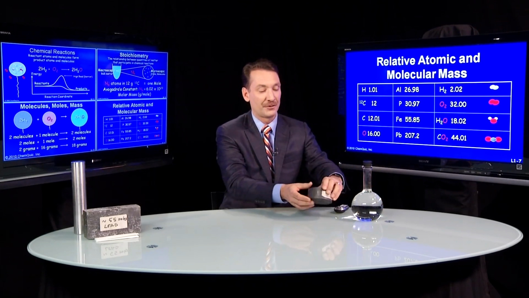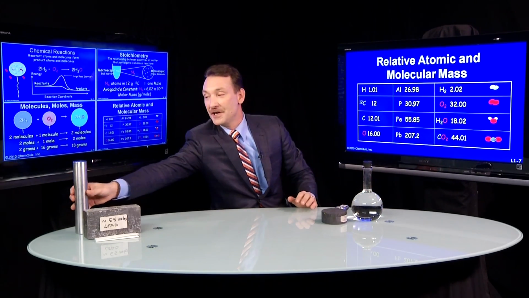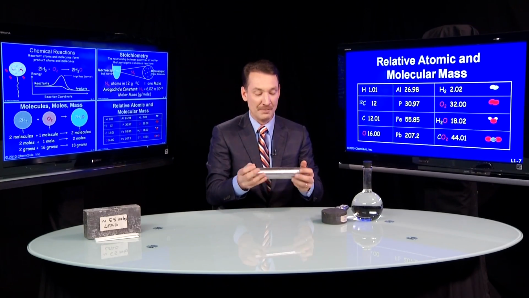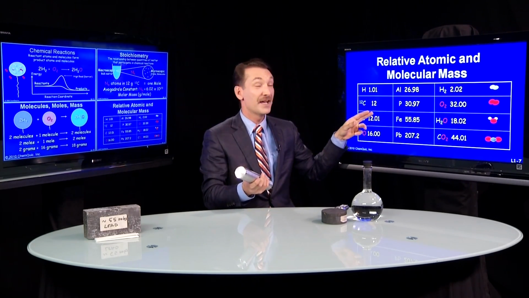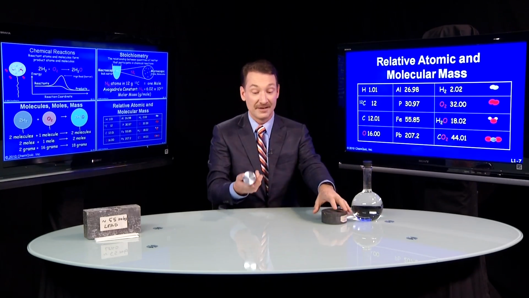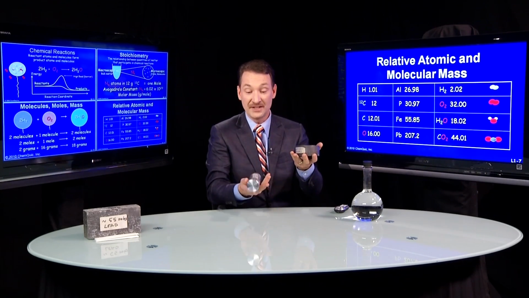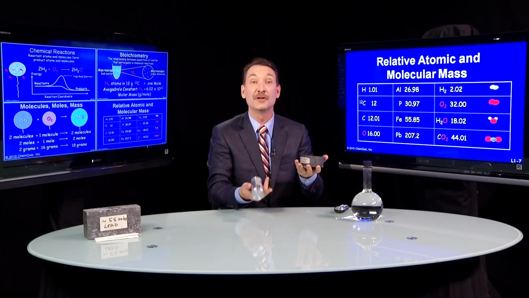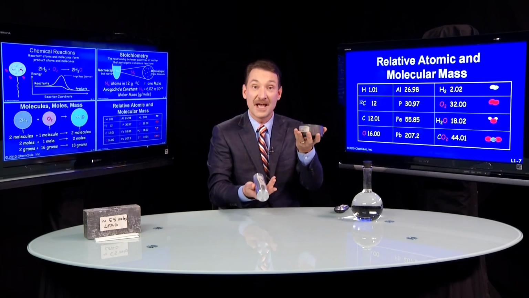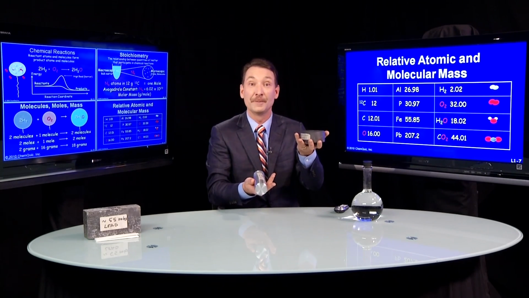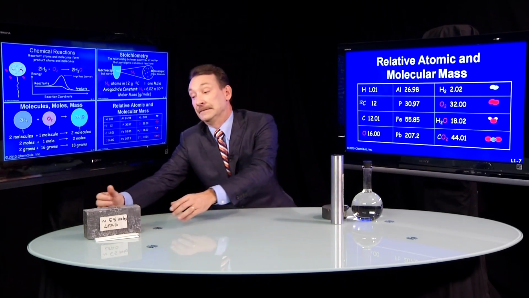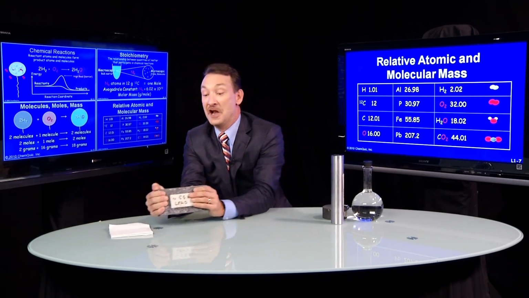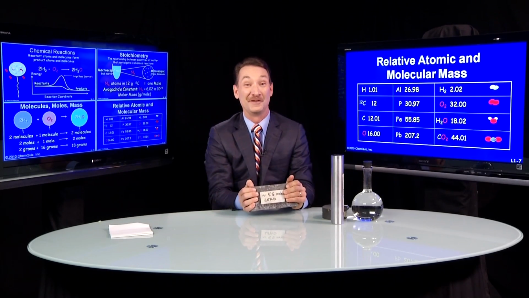Now, I also have aluminum here. Aluminum has mass about, well, looks like twice carbon. And yeah, I feel that. This is twice as massive, 55 moles of aluminum, about twice as massive as 55 moles of carbon. I also have lead. I can barely lift the 55 moles of lead.